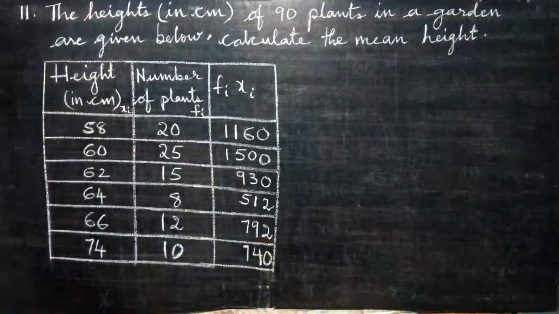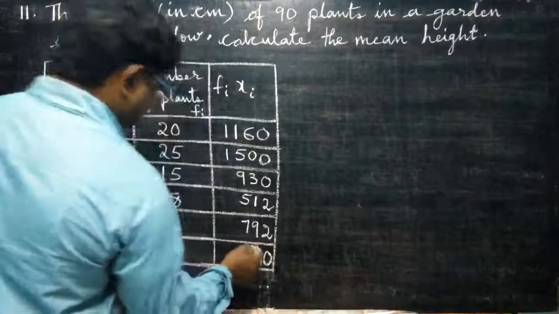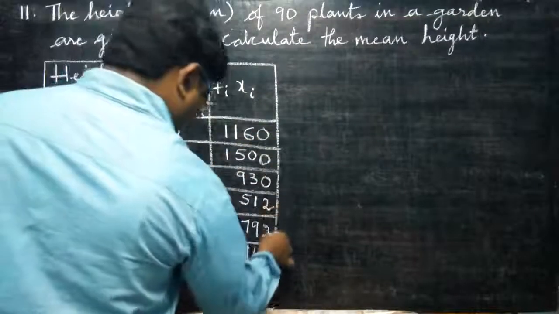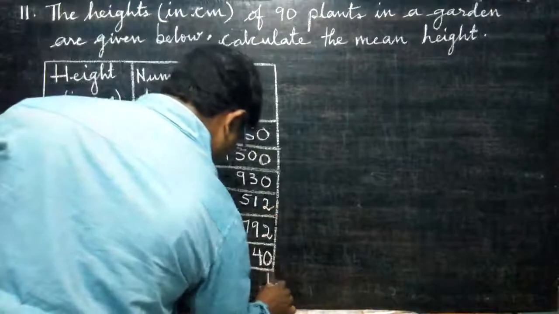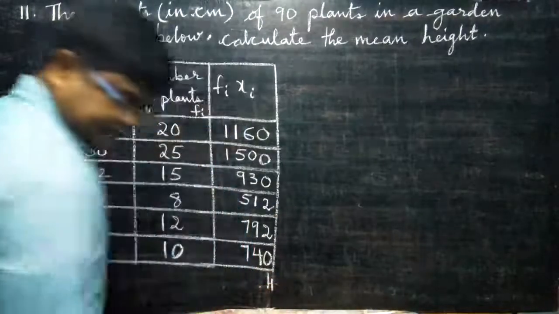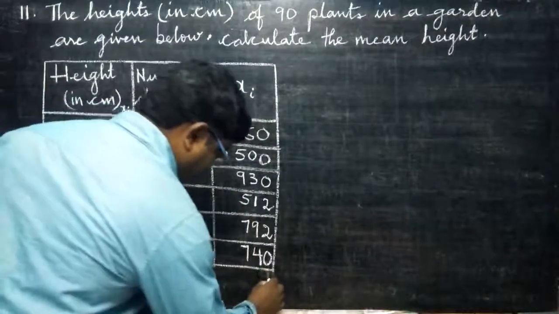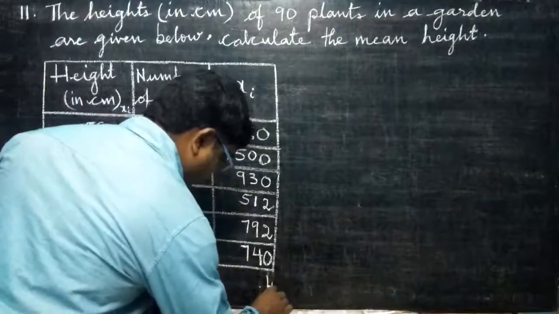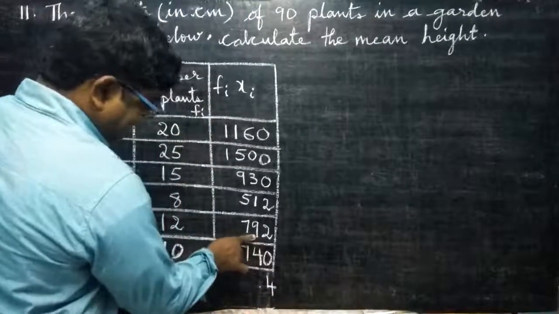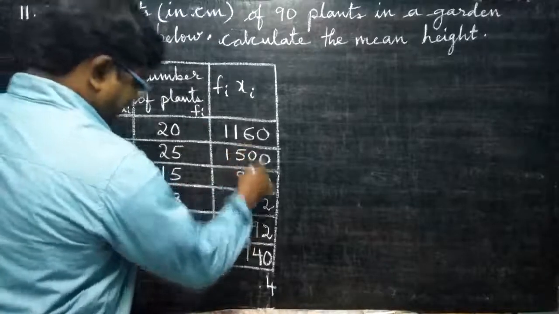Now multiplying is one thing and adding is very important. Addition. Here 4. Sigma f, you are calculating. Write clearly. Here 4 plus 9 is 13, 14, 17, 23.